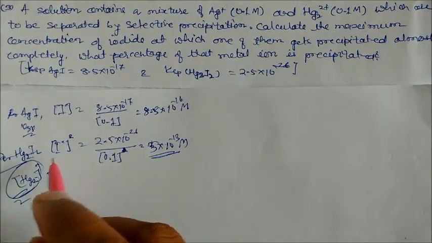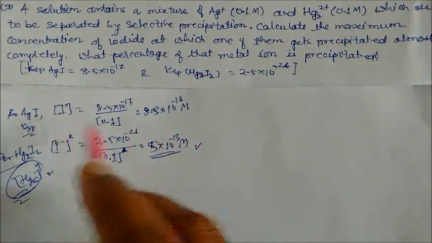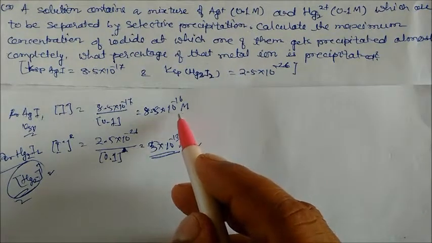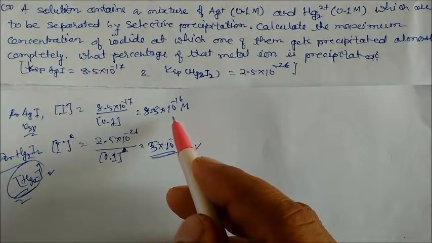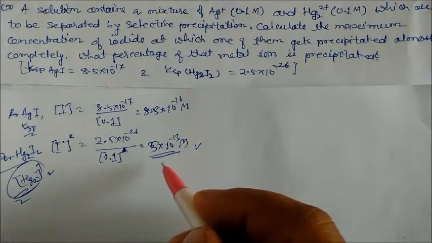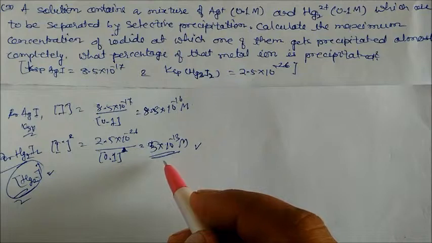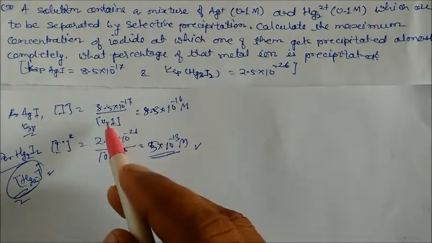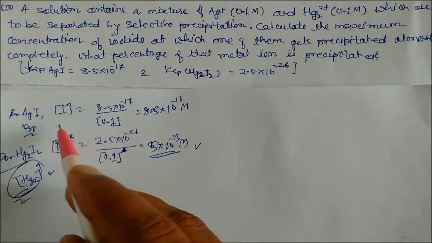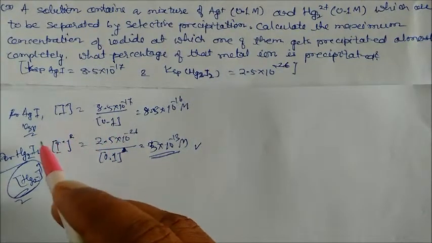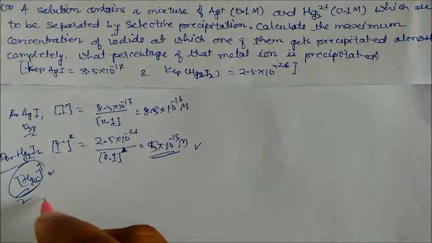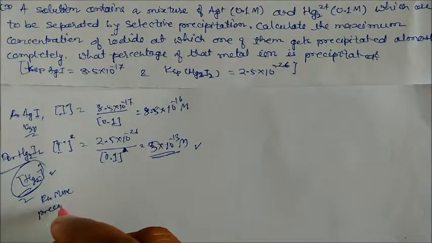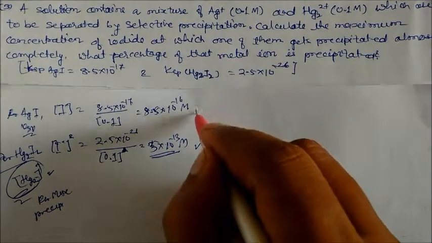So this is the iodide concentration for mercury and this is for silver, and we can compare which is lesser. This one is less, so this will precipitate first, and the other will precipitate later when it reaches its concentration. If you take this much iodide concentration, we will get the maximum precipitation of silver iodide.